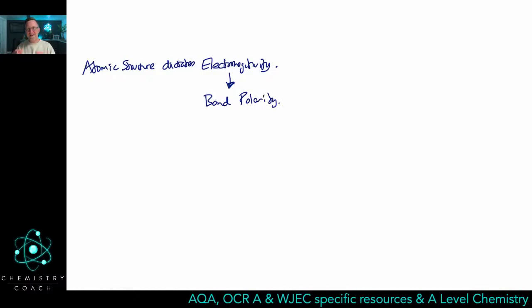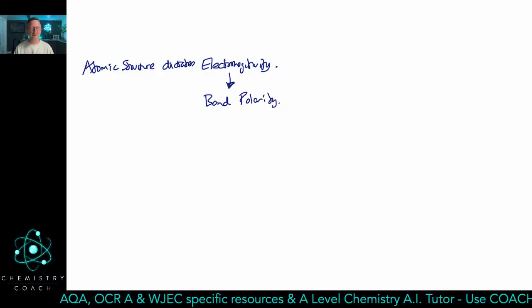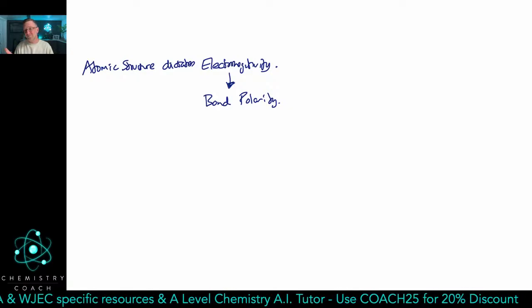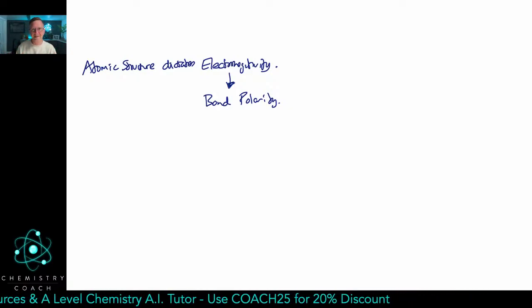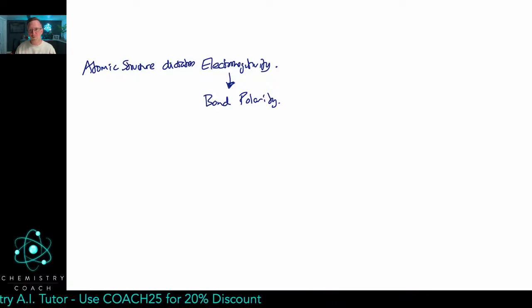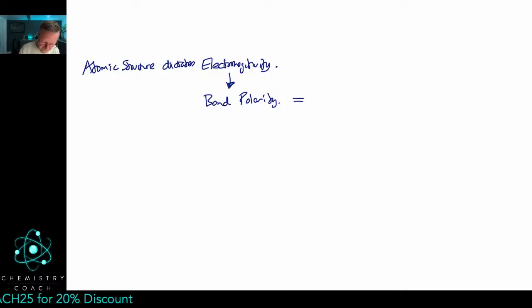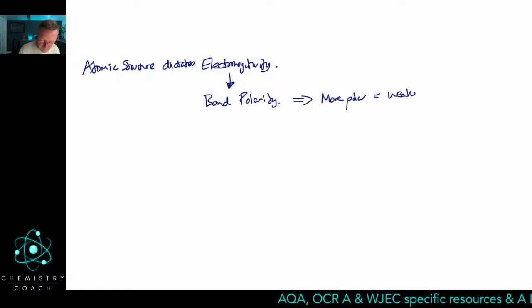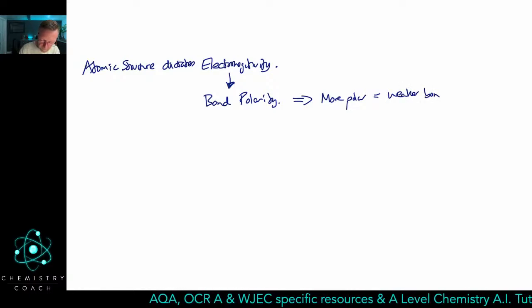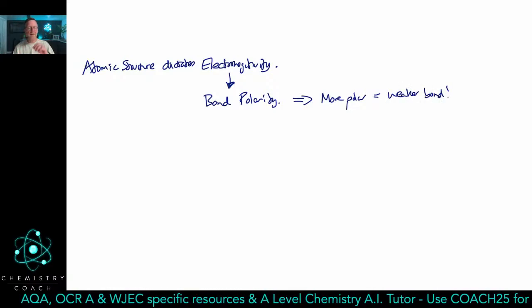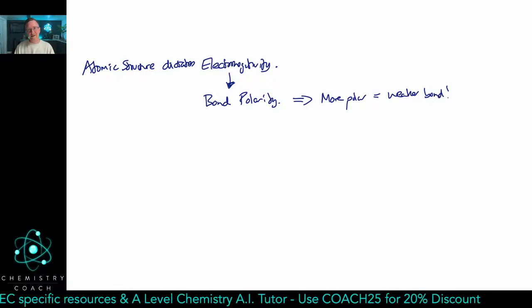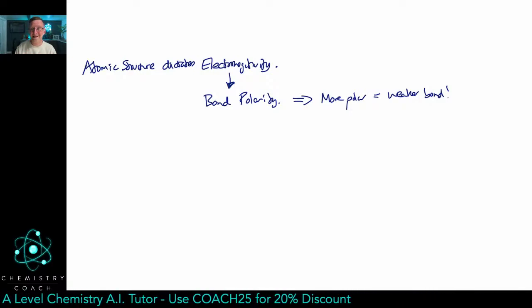So the bigger the difference in electronegativity based on the atomic structure, the more polar a bond is. And the more polar a bond is, the weaker a bond is. So again, atomic structure dictates electronegativity, which dictates bond polarity, which dictates the strength of a bond.